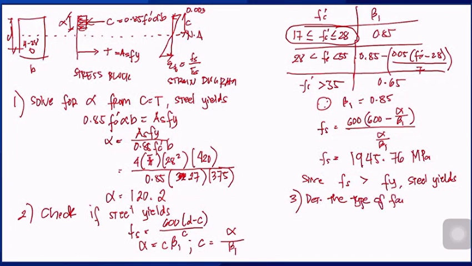Using the formula epsilon sub s equals 0.003 (D minus C) over C. So, given naman lahat, pa-compute kung ano ang epsilon sub s. So, this is 600 minus alpha over beta 1 over alpha over beta 1.